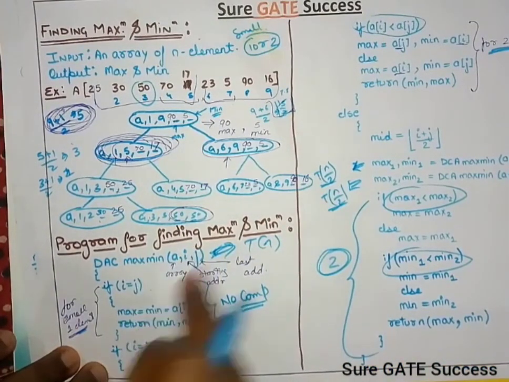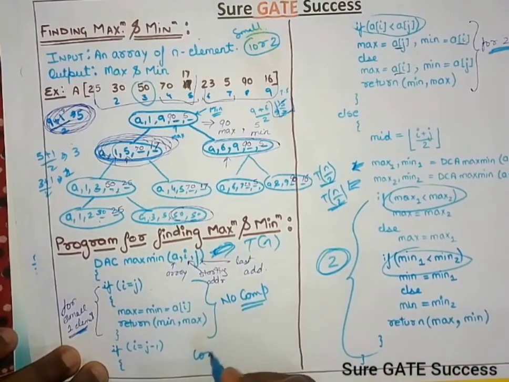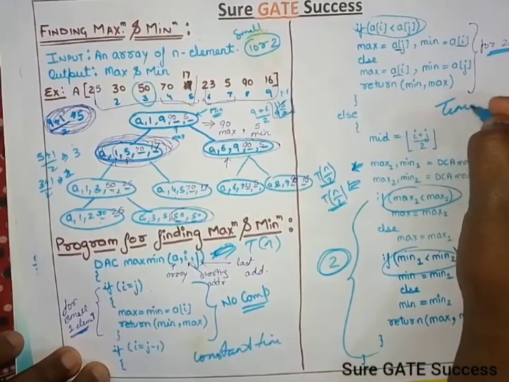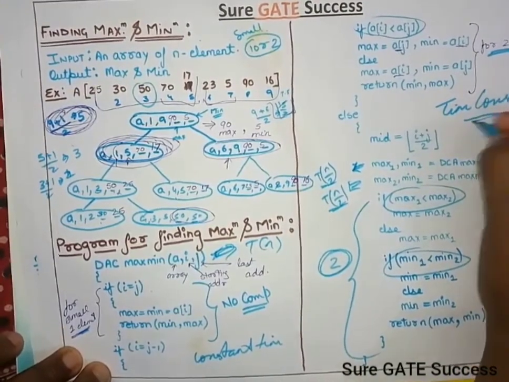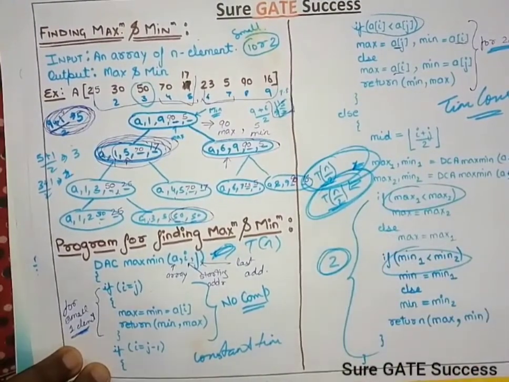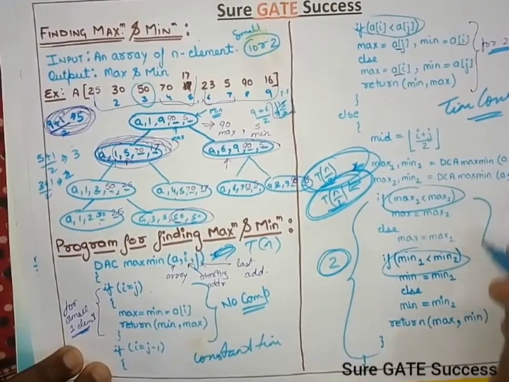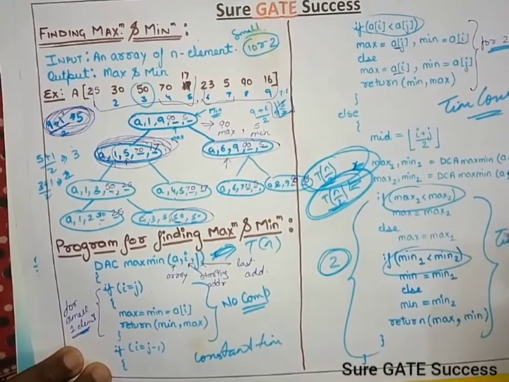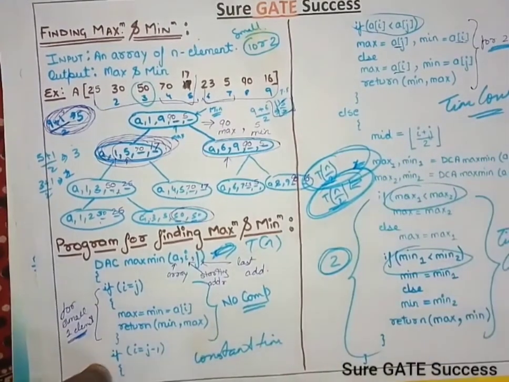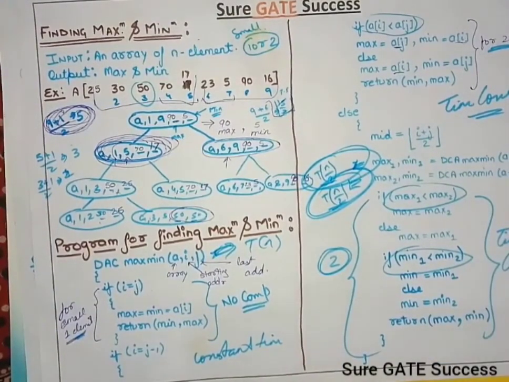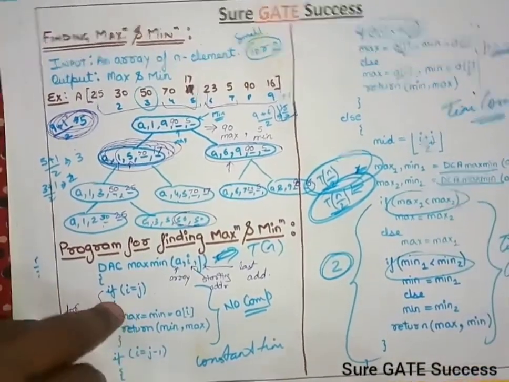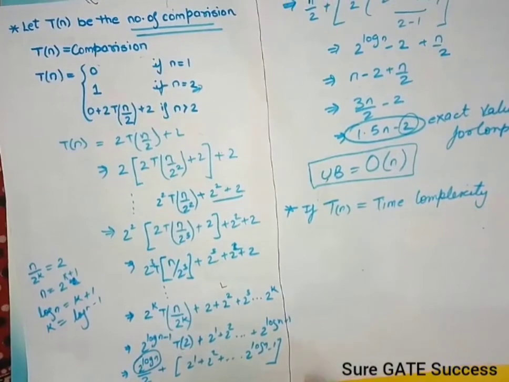So the time taken here will be constant, and here it depends on these two factors where the recursion is going on.